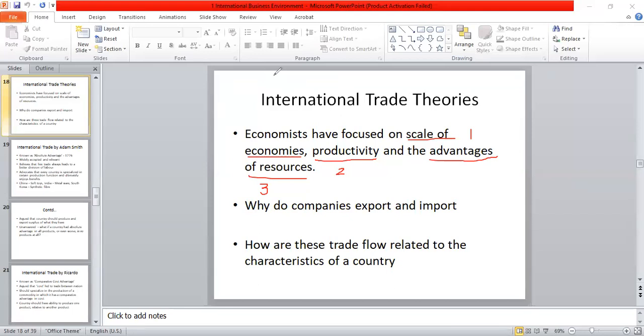To earn foreign exchange and to expand. That is one reason, to earn foreign exchange. And the other answer is to gain foreign reserve.